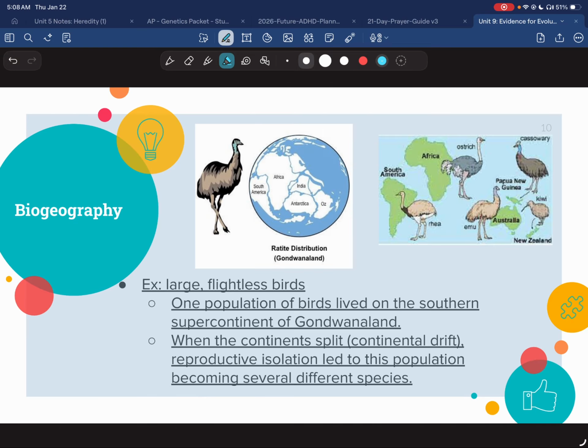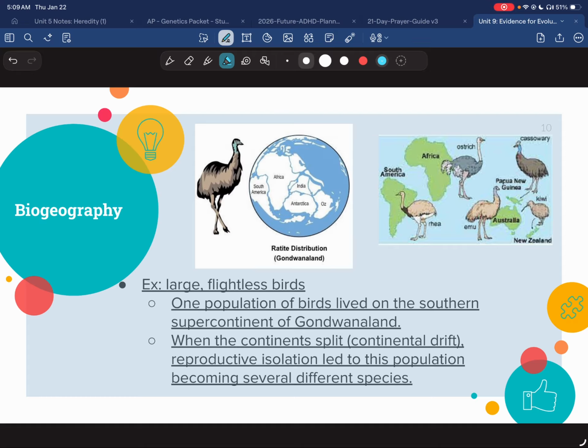Our example for this one are flightless birds. I saw some at the zoo on Sunday. We had Gondwana land here, and we had one species of large flightless bird. When these split up, remember their gene pool is changing differently over time because they have different mutations. They now have different climates to be better suited to, and so they change into different species.